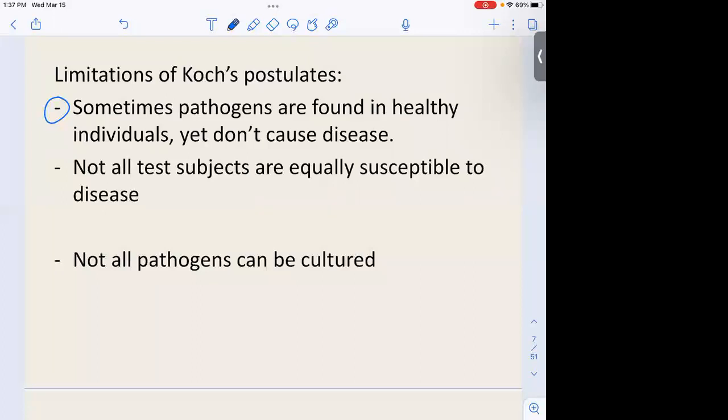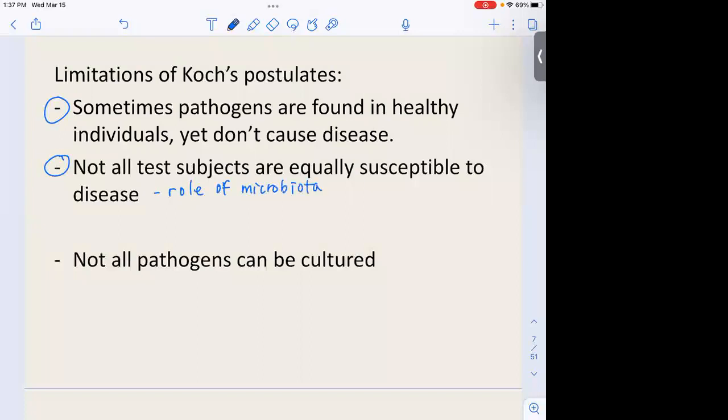You may have gotten mono at some point from somebody that wasn't sick from mono, but they just had that virus and they were kind of a carrier. And of course, not all test subjects are going to be equally susceptible to a disease. Some things that can impact that: the role of a person's microbiota.